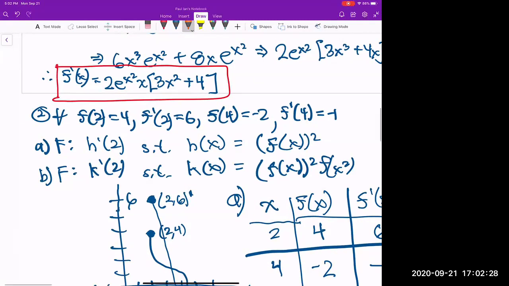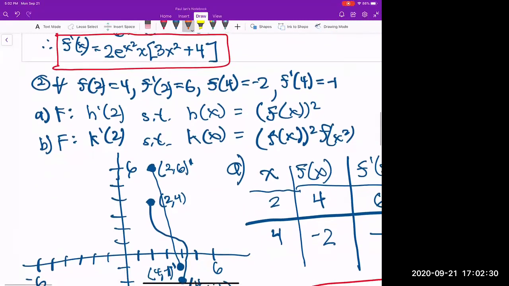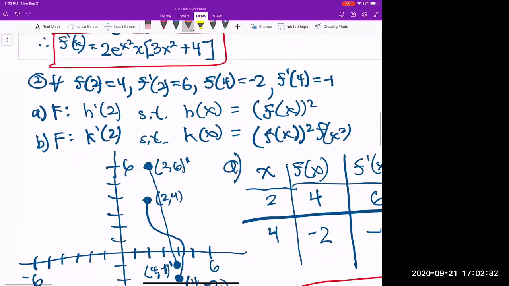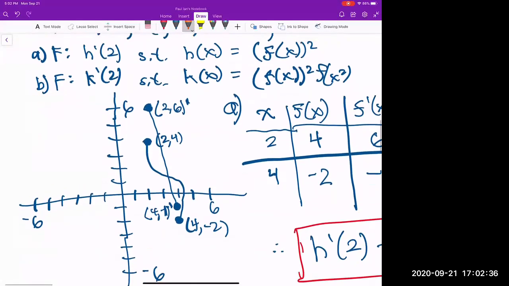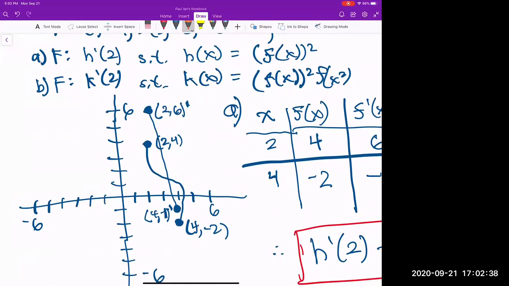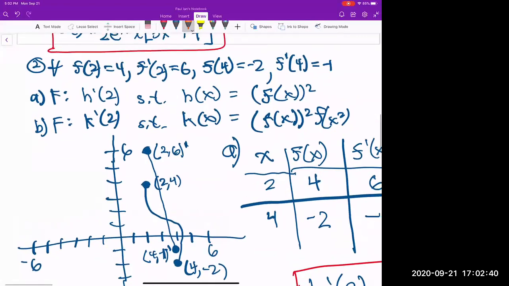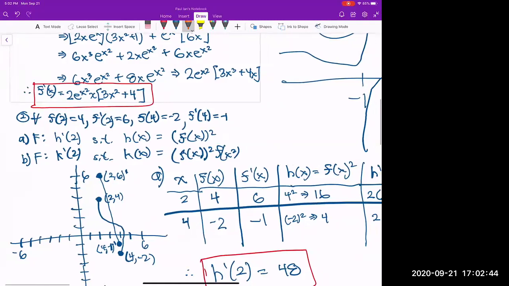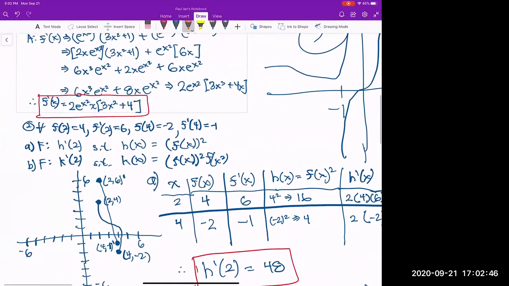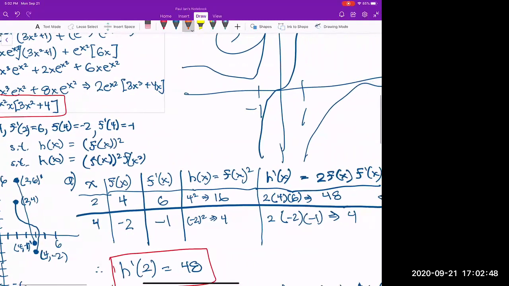I guess for the way I've seen this problem done, I would just create a table. You could graph it, but that's just for visual purposes. Oh dang.